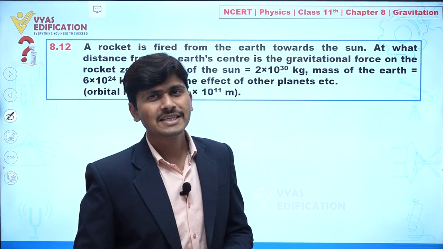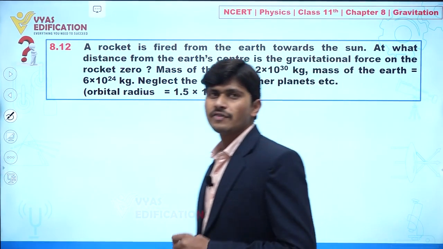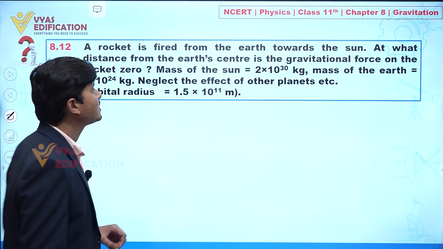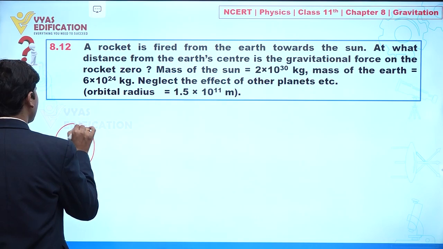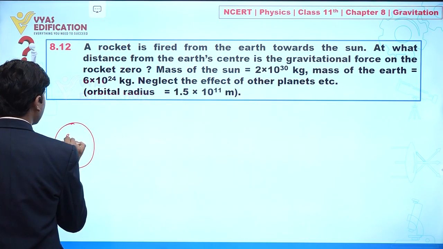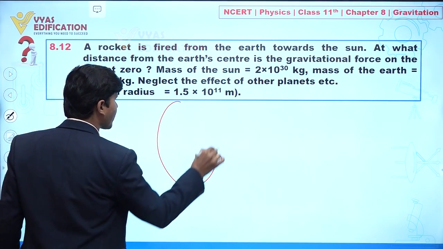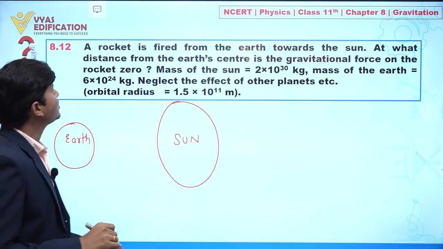We are going to discuss question number 8.12, and the question is given to you: a rocket is fired from the earth towards the sun. Let's suppose this is earth, and this is sun.